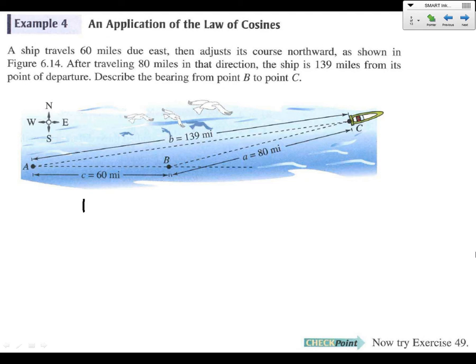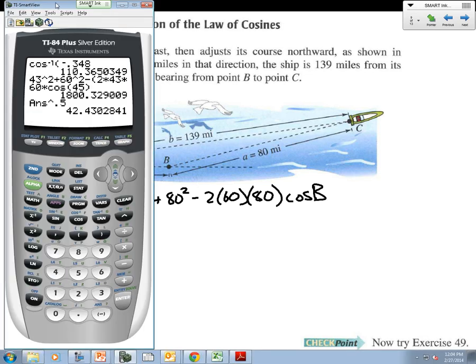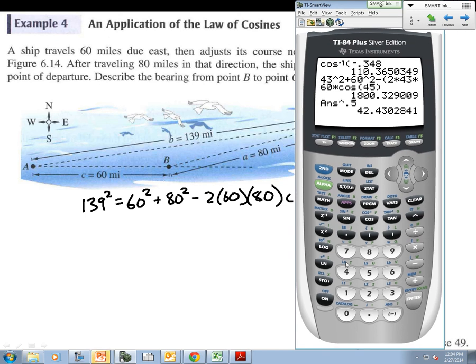So 139 squared, that's our little b over here. 60 squared plus 80 squared minus 2 times those. And then, of course, the cosine of big B, angle B. And so that's going to be, let's find out, 139 squared minus 60 squared minus 80 squared divided by negative 2.